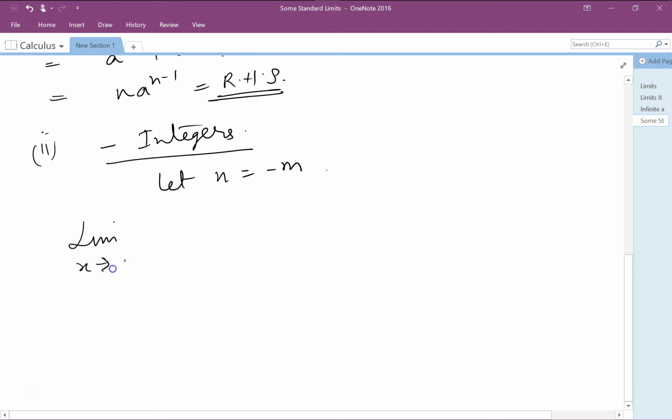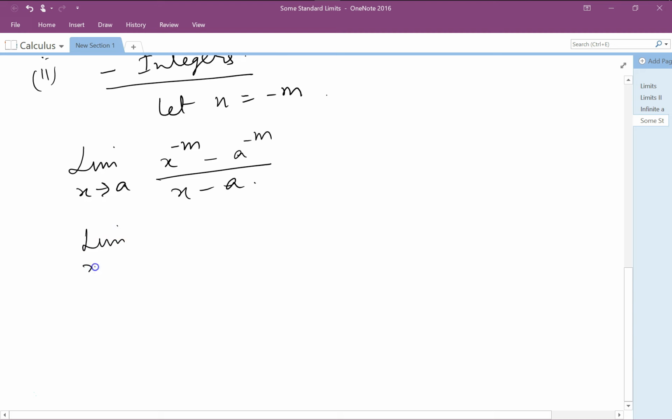Limit as x approaches a, (x to the power of minus m minus a to the power of minus m) by (x minus a). That is, limit as x approaches a, (1 by x to the power of m minus 1 by a to the power of m) divided by (x minus a).